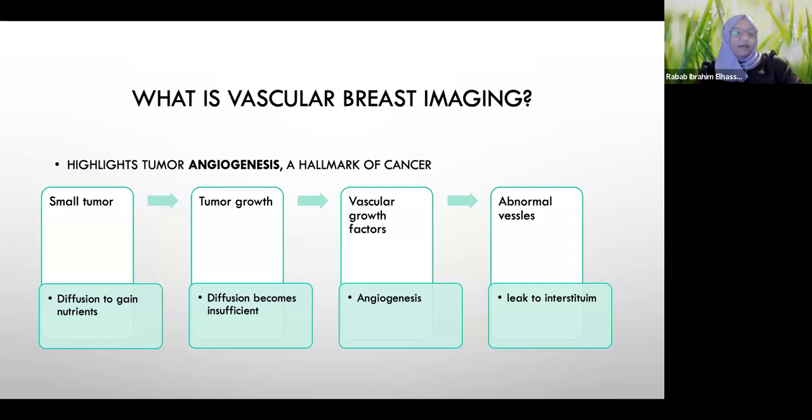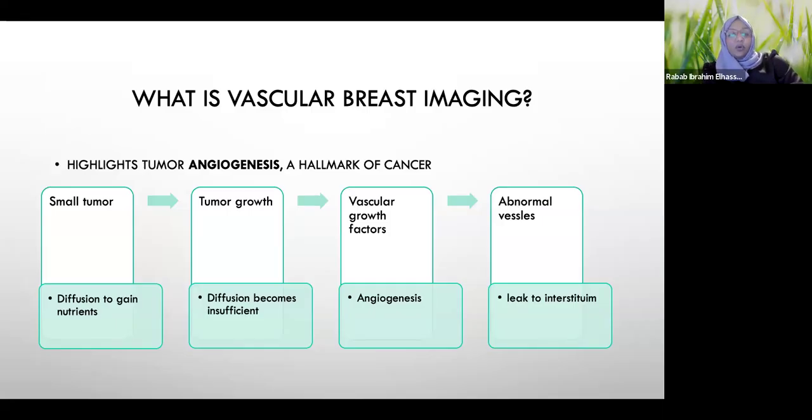So what happens basically in cancer? This is a very brief explanation. The tumor starts small, and it gains its nutrients, oxygen, and blood supply through diffusion.